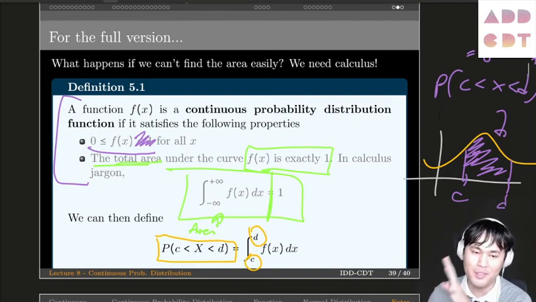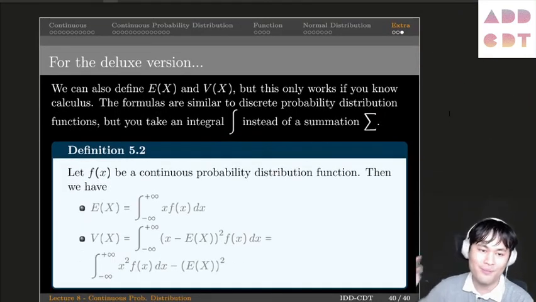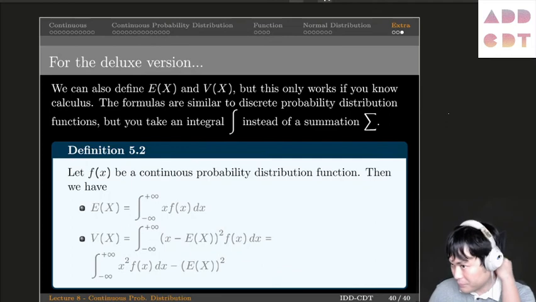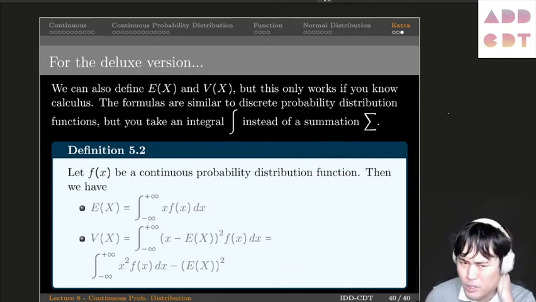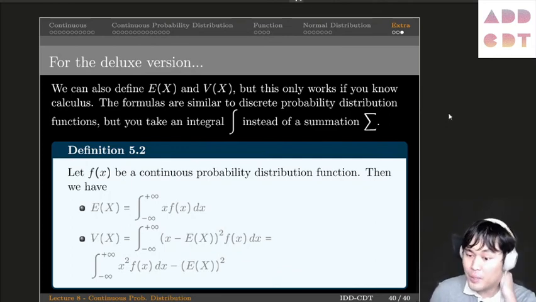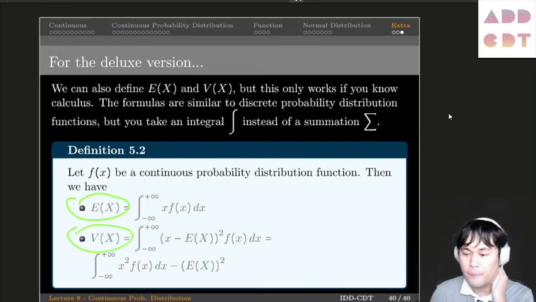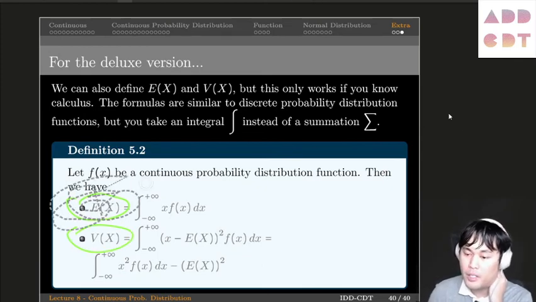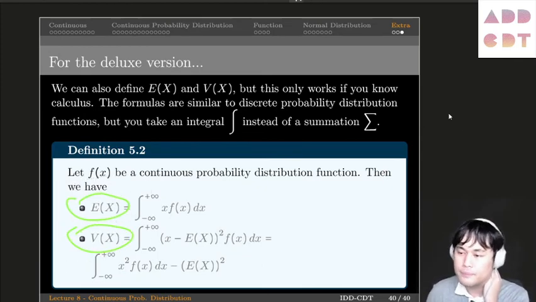If you know the calculus, that's gonna be helpful to understand that. And also we can move on to, okay, once we have the probability distribution function, how do we compute the expected value and the variance? Like how we compute the center and the spread? And the answer is still calculus.